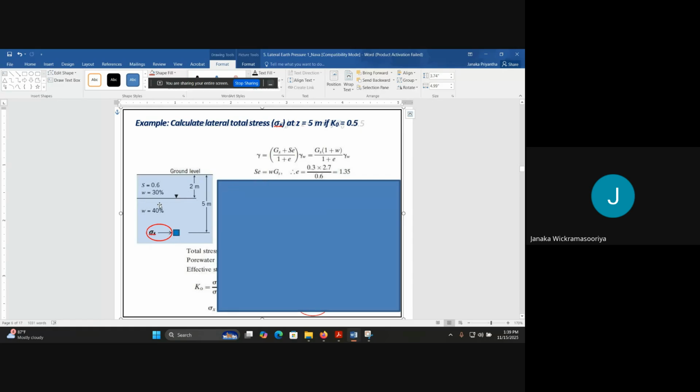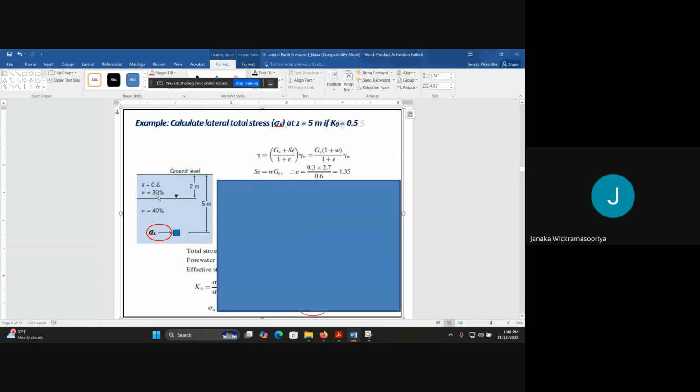But in a normal question, gamma will be directly given, right? I mean, to have some revision or to remind these equations, which you will learn in the soil mechanics subject, I just included it. e means w G s divided by degree of saturation. w means the moisture content.